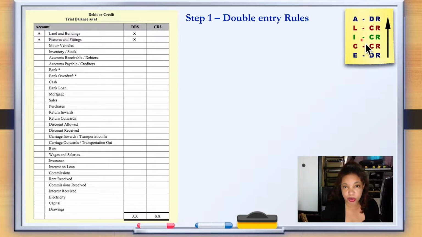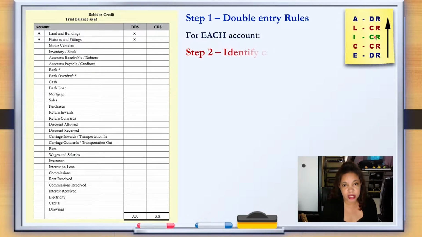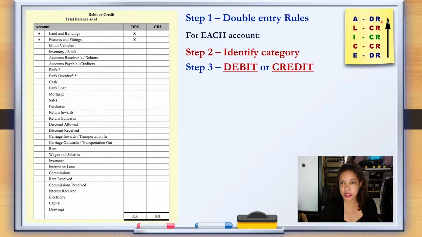So there we have our rules. And then we go to step 2: for each account, identify the category. So for example, you have land identified as an asset. And if it's an asset, that means it goes under the debit column. So we placed our X there.